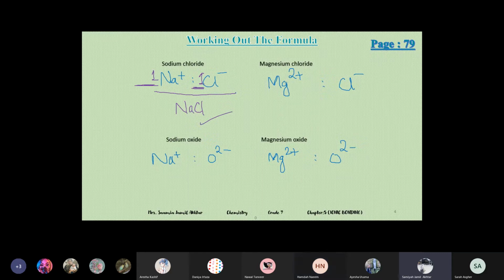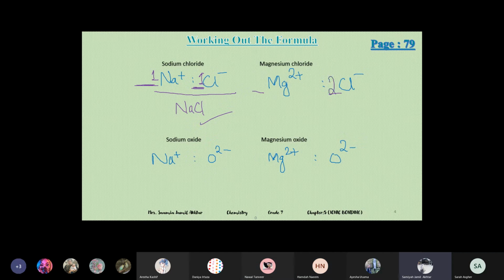Okay, now for magnesium chloride, which number should we write to balance the charges? No, just write a number, not the charges. With which ion will we write 2? With magnesium or with chloride? Chloride. Very good.